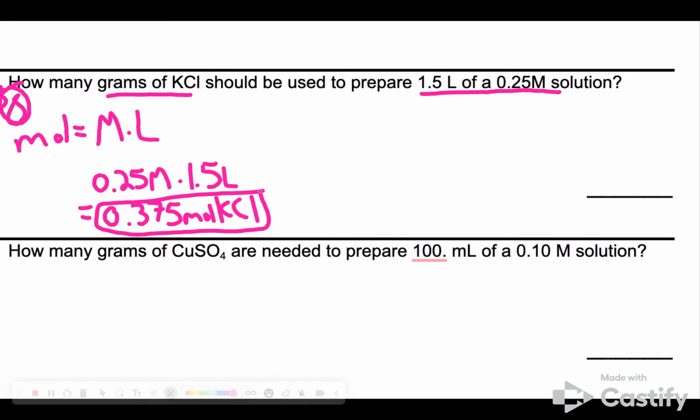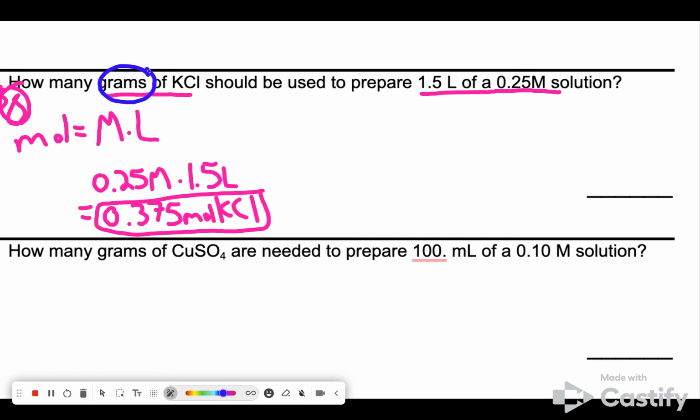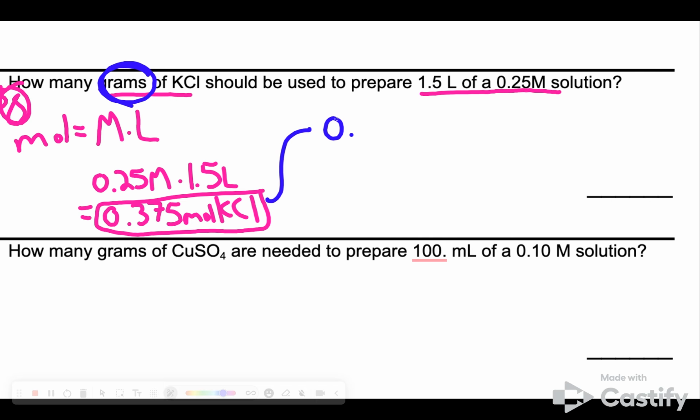So that's the first step. I figured out how many moles. But they didn't want moles, they wanted grams up here. So if I want to go to grams, I have to take my 0.375 moles and multiply by the formula mass of KCl. If I find the formula mass for KCl, like I did on the other problem, it's 74.55 grams.